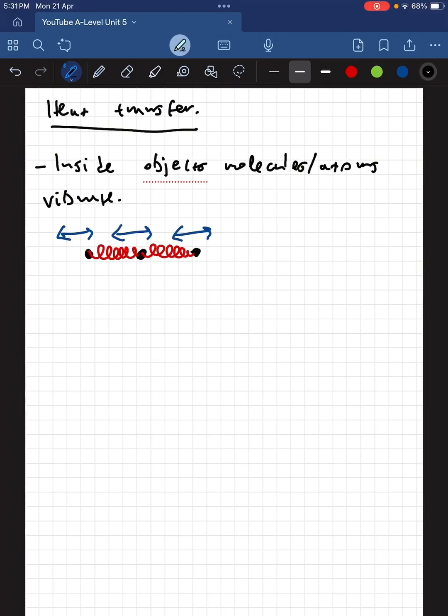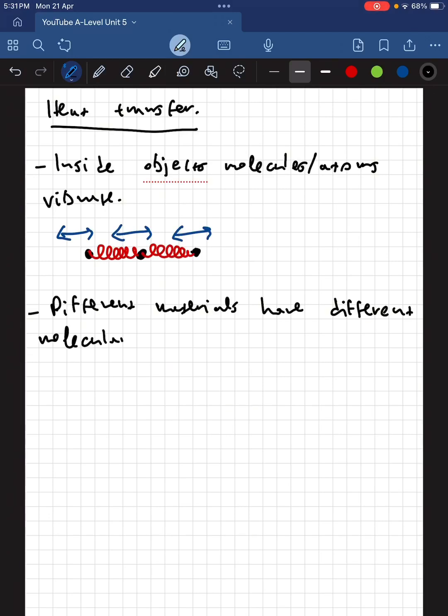Now, different materials have different molecular structure, meaning that these springs that I showed you will have a different spring constant, etc. I mean, there are no springs. It's just an analogy, an abstraction of how interatomic and molecular interactions work, okay?